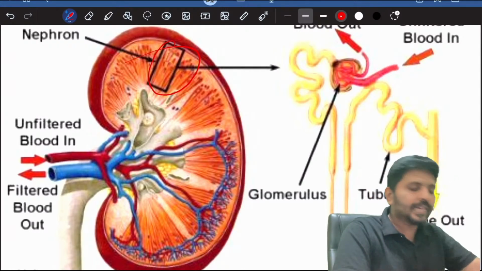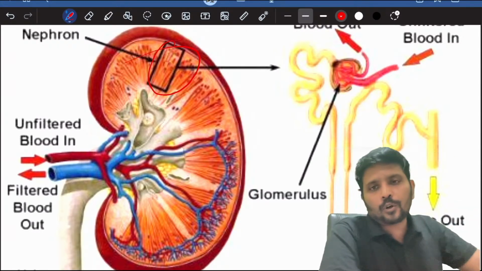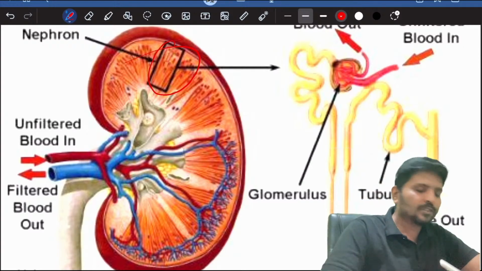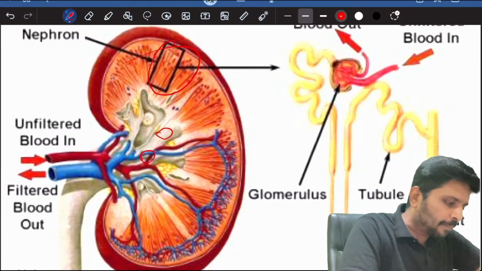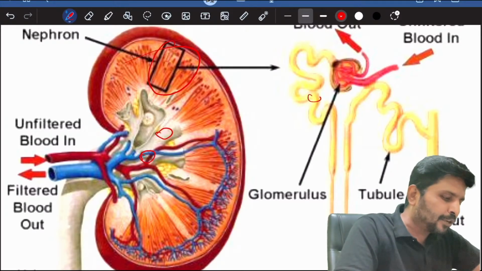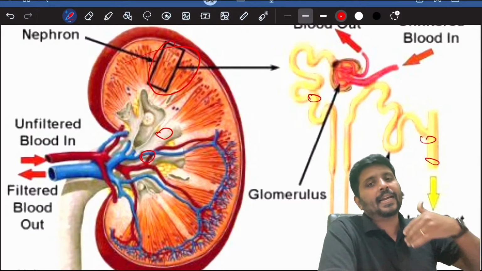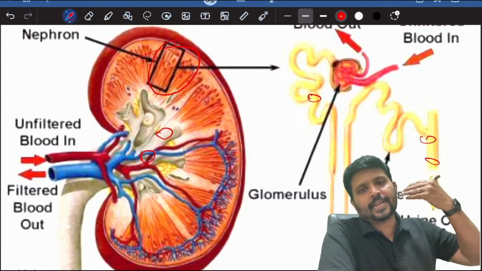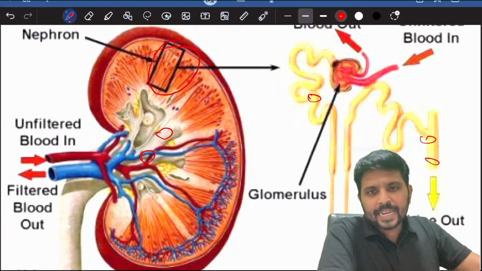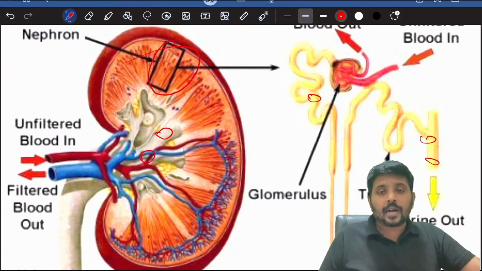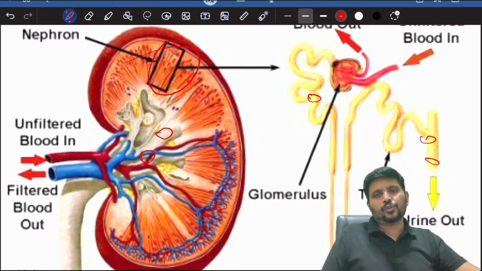And when it is beyond the glomerulus, I repeat, when it is beyond the glomerulus, it can arise from the pelvis, from the tubules, from the urinary bladder, from the ureter, or from the urethra. So what does it mean? You have something called glomerular hematuria and non-glomerular hematuria.